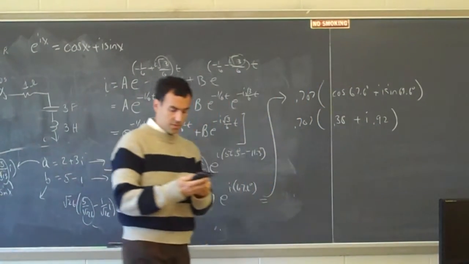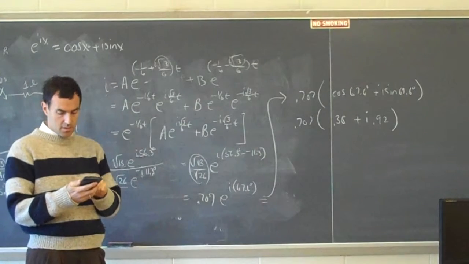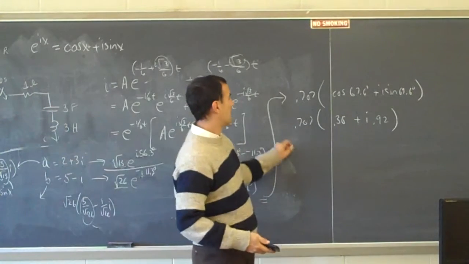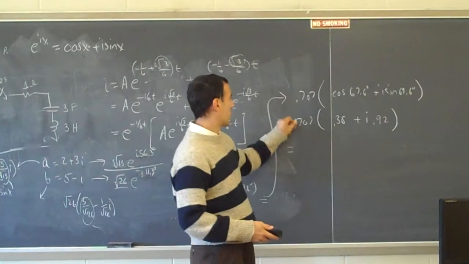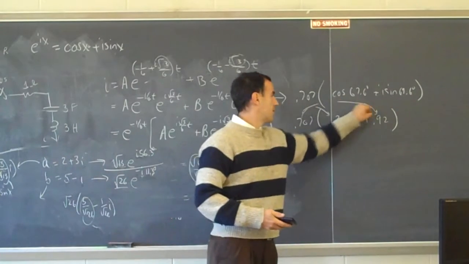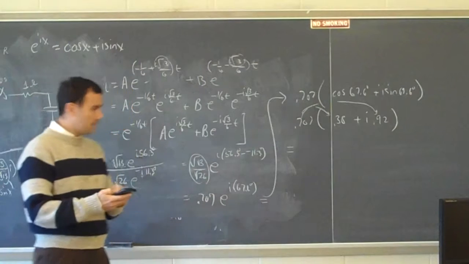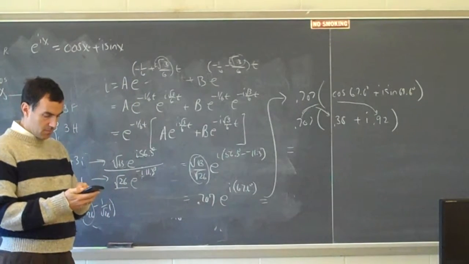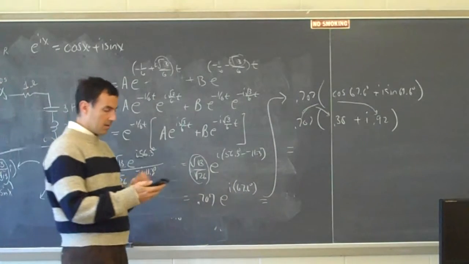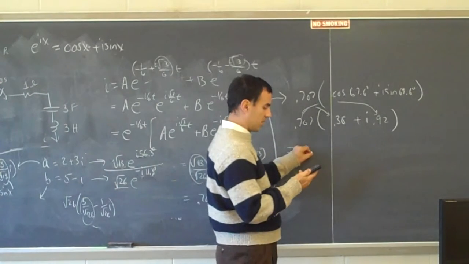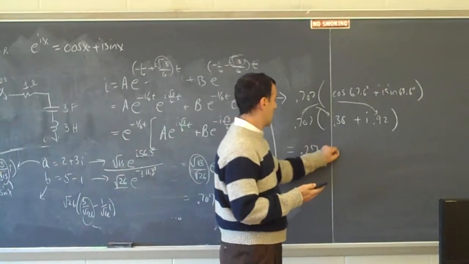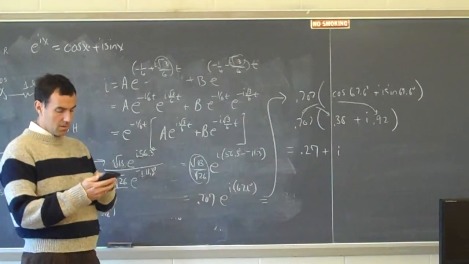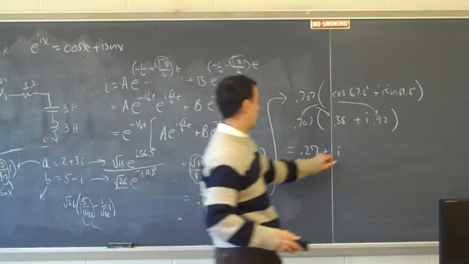Okay. And finally, my grand finale answer, I would just distribute the 0.707. 0.707 times 0.38 is 0.27, and 0.707 times 0.92 is 0.65.